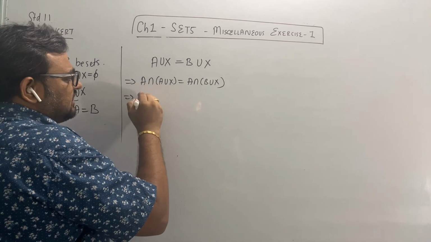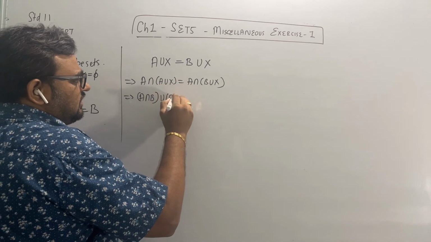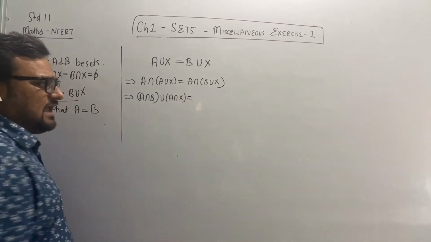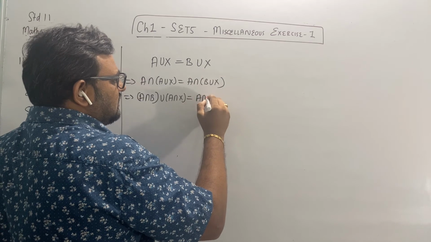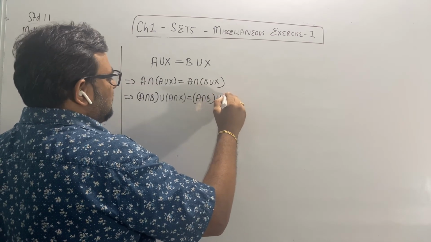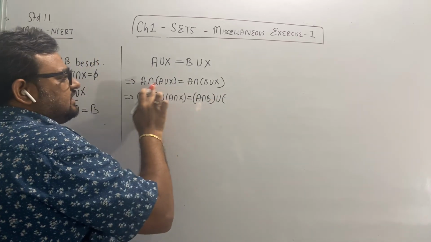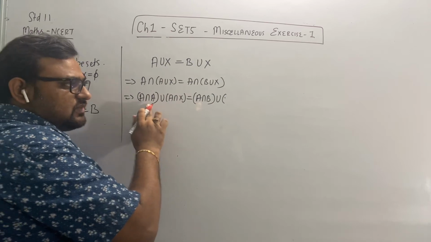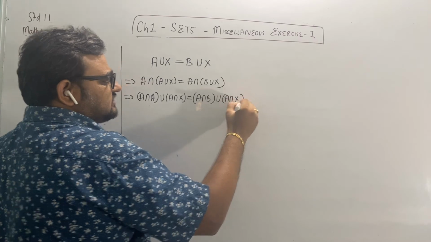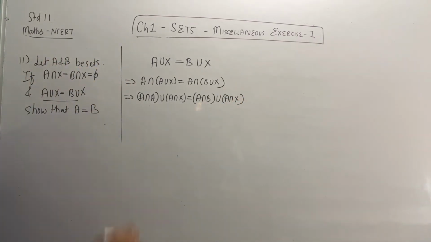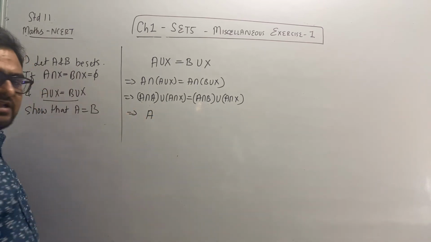A intersection A union A intersection X. Sorry, on the right here it will be A intersection B union A intersection X, my mistake. Now what will be the intersection of a set with the set itself? That will be the set itself, A.